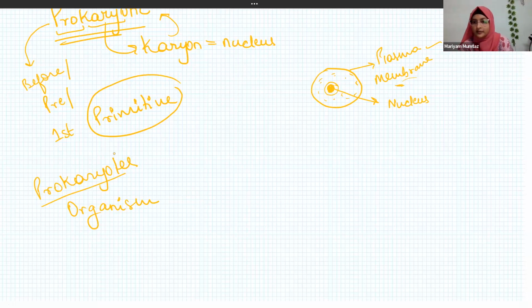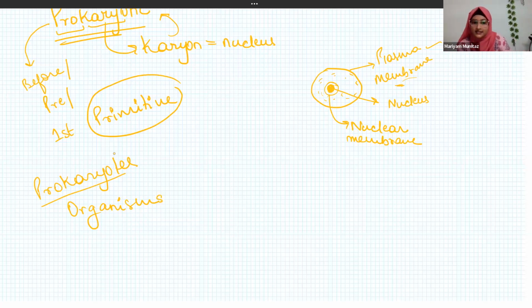Now, what is the nuclear membrane? It is the covering of the nucleus, right? I said membrane, so membrane is the covering of the nucleus. So it is known as the nuclear membrane. Or we can say in normal terms that this nucleus is membrane bound. It is surrounded with membrane, so it is membrane bound.